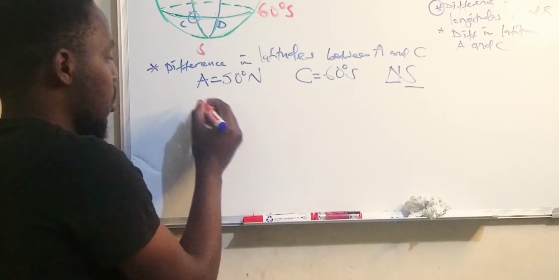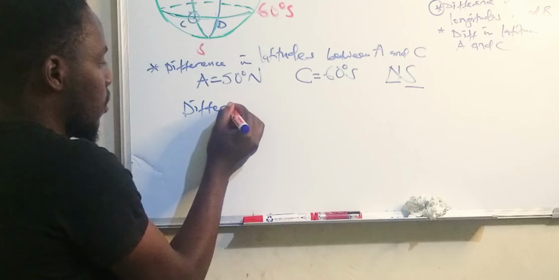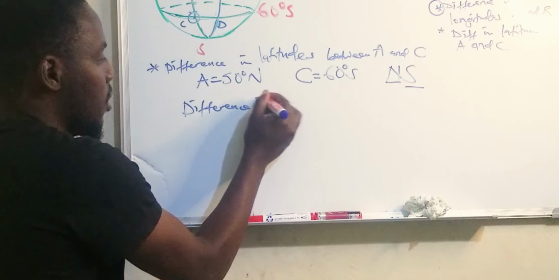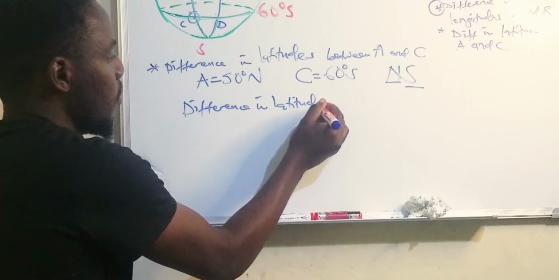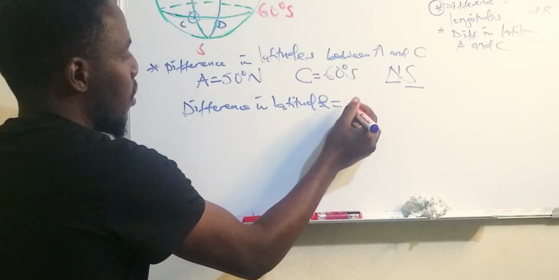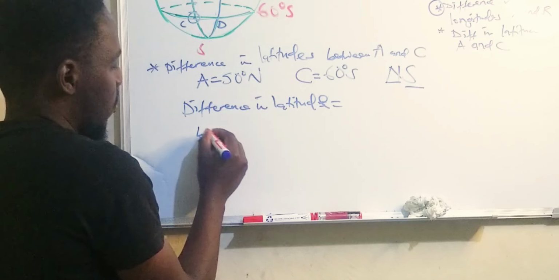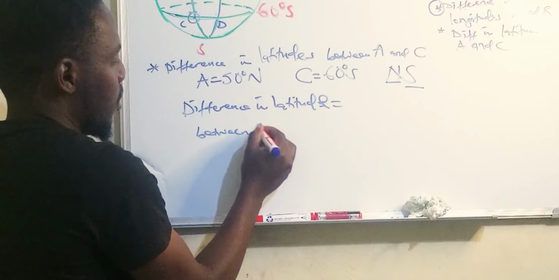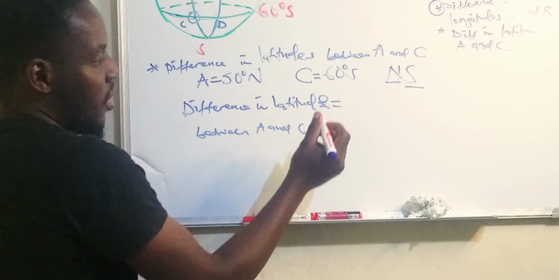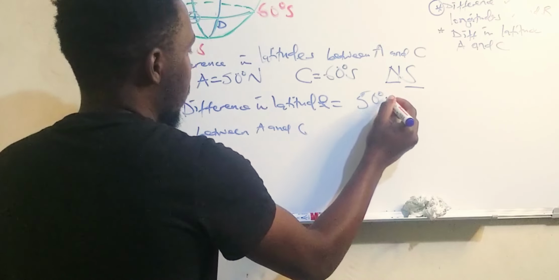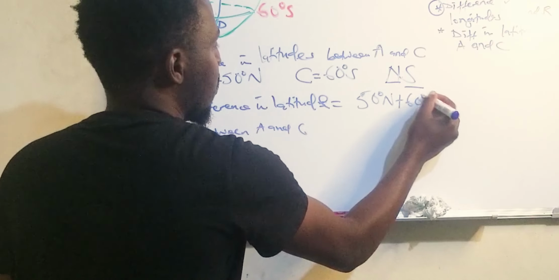So the difference in latitude between A and C will be given by 50 degrees north plus 60 degrees south.